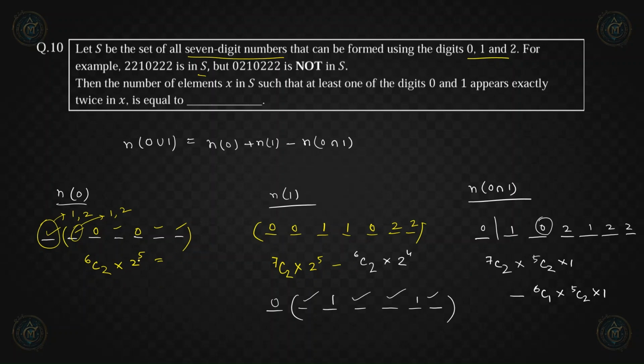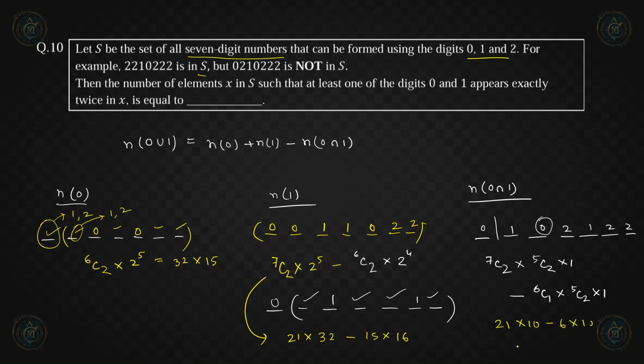So this will be 32 times this will be 15, right? This will be, if we count, this will be 21, right? This will be 32 minus this will be 15 times 16. This will be 21 times 10 minus this will be 6 into 10, right?